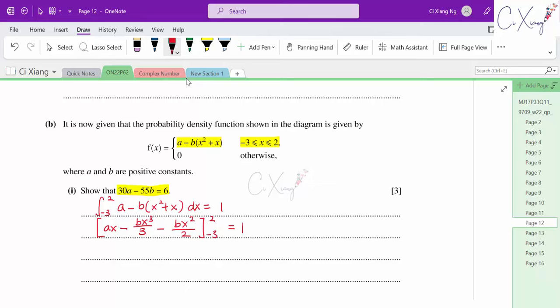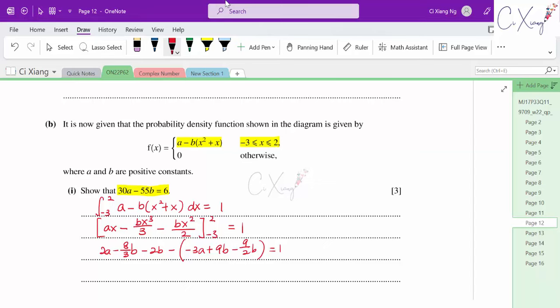Okay, so if I substitute 2 inside the equation here, then I will have 2a minus 8 over 3 b, then minus 2b. And now I want to substitute -3. If I substitute -3, I'm having -3a, then plus 9b minus 9 over 2 b.